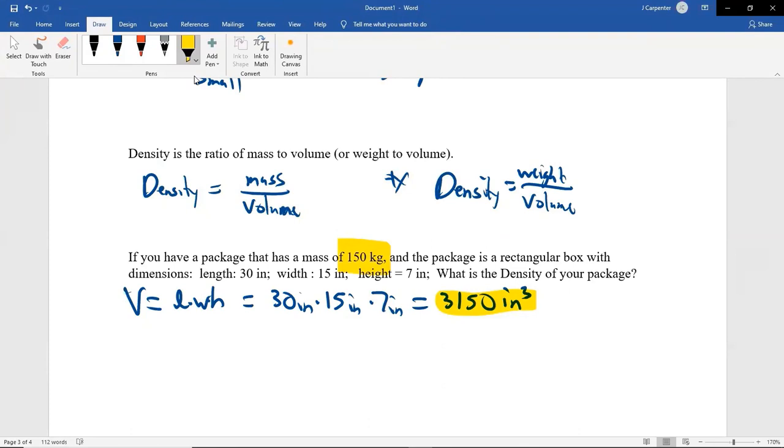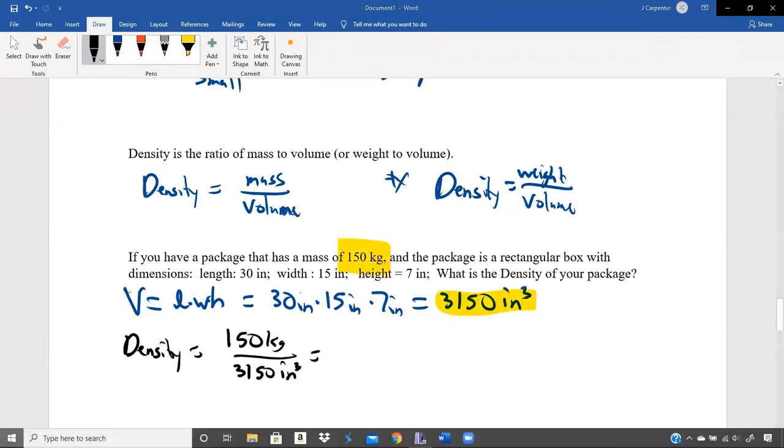So it's a weight per cubic whatever, or mass per cubic whatever. So the density, the mass, was what we were given, which is the 150 kilograms, divided by the volume, which was the 3150 cubic inches. So let's see what we get when we do this.